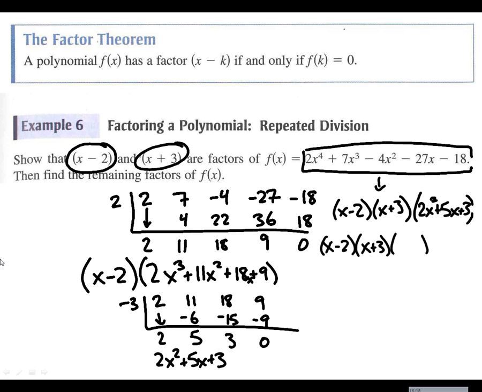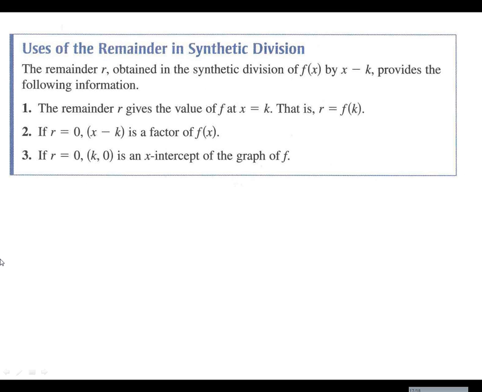So this last trinomial will break down. It should be 2x and x. We need to multiply to 3, and when we add, get to 5. So we're going to do a 3 here and a 1 here. And that is going to be completely factored all the way down from the original 2x to the 4th long polynomial. All right, one last example for you to try, and you will have everything for 2-3.